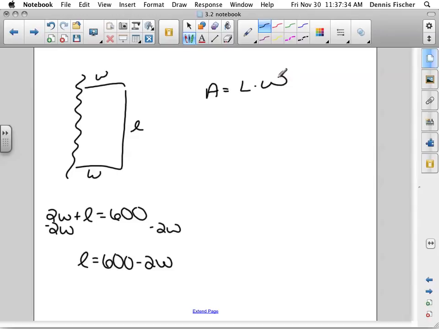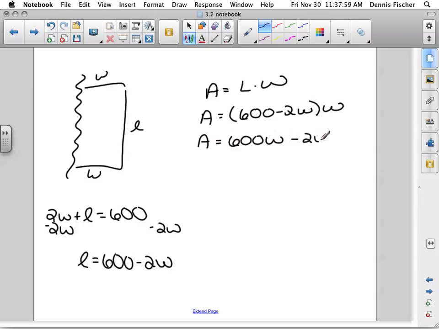Length times width. Correct? So now my area is length times width. I know what L is, so my area is 600 minus 2W times W. Right? Bring it through the parentheses, I'm going to have area is equal to 600W minus 2W squared.